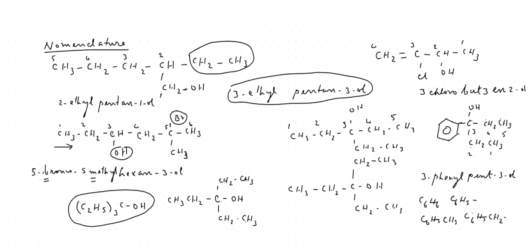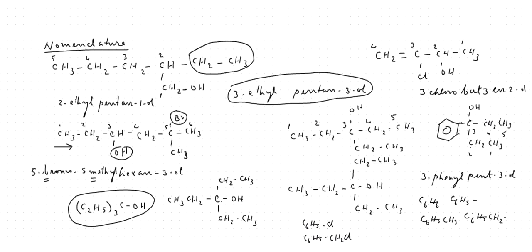See, for example, C6H5Cl is chlorobenzene or phenyl chloride. If I put C6H5CH2Cl, it is benzyl chloride.